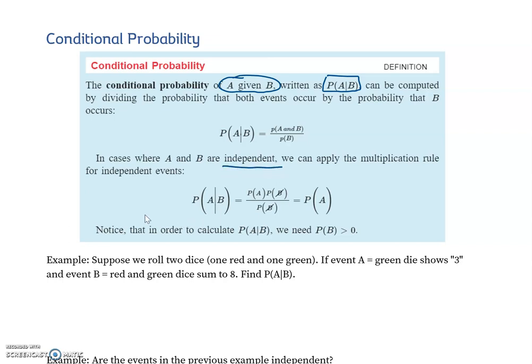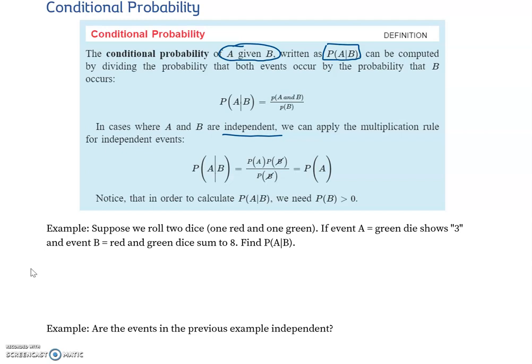So let's look at a conditional example here. Suppose we roll two dice, and for the sake of consistency, you can treat these like one is red, one is green, just as a reminder that these are different dice. Event A is that the green die shows a 3, and event B is that the red and green dice together add up to 8.